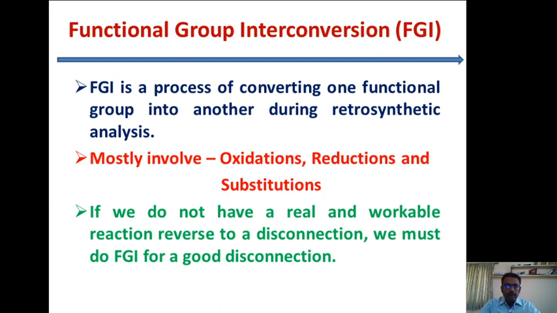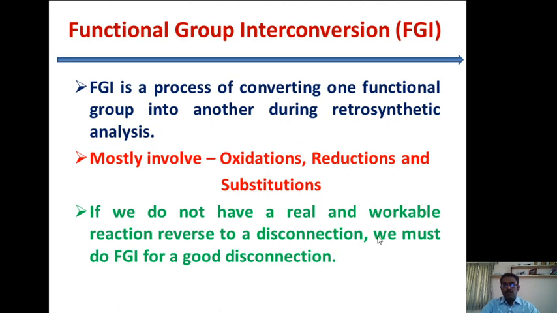So whenever we face problems where we cannot do a real workable reaction reverse to the disconnection, there we will be using functional group interconversion. That will give a good disconnection.